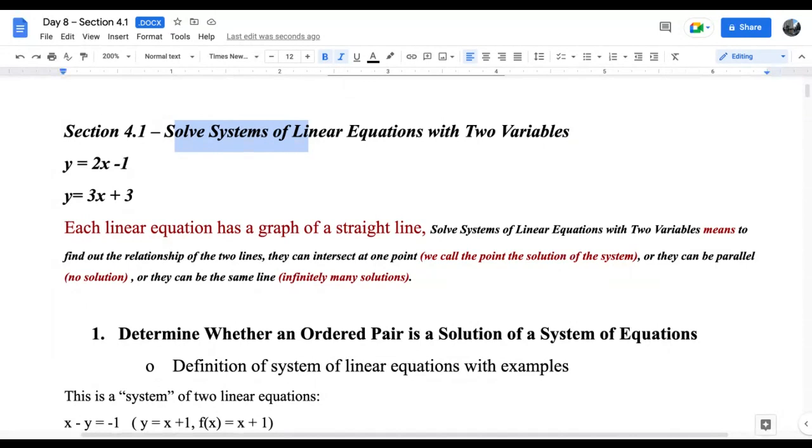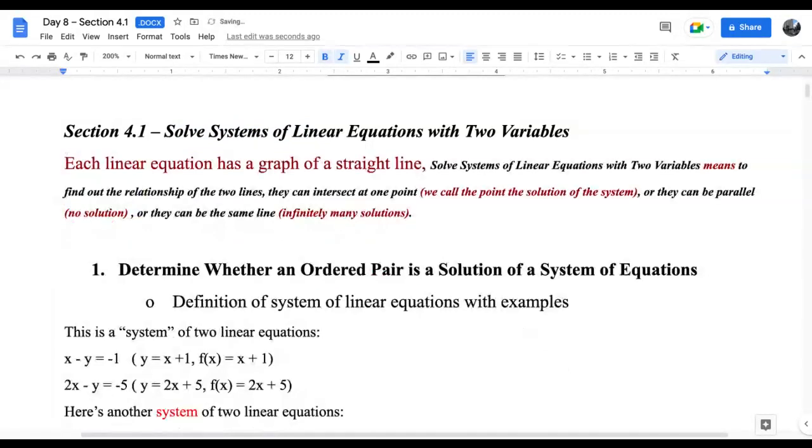If they intersect at only one point, there's only one solution. Or sometimes the two lines have the same slope. Remember, parallel lines have the same slope, which means they will never intersect, so the system has no solution. We'll talk about this in detail, but anytime, if anyone has any question, feel free to stop me, okay?